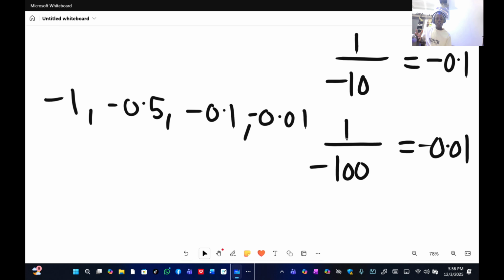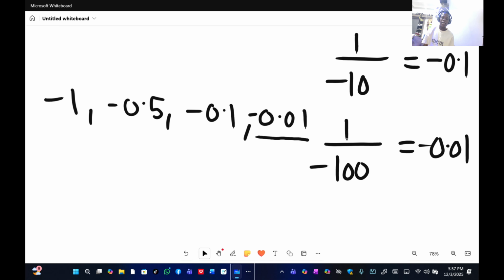Negative 1 is smaller than negative 0.5, and negative 0.5 is also smaller than negative 0.1. Negative 0.1 is less than negative 0.01. So among these numbers, the biggest is negative 0.01.